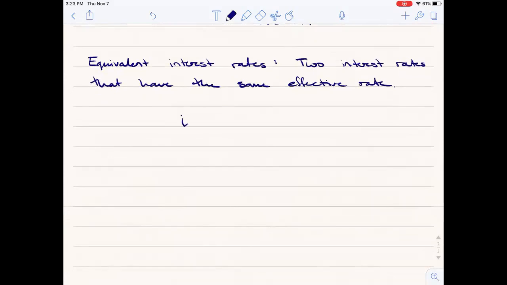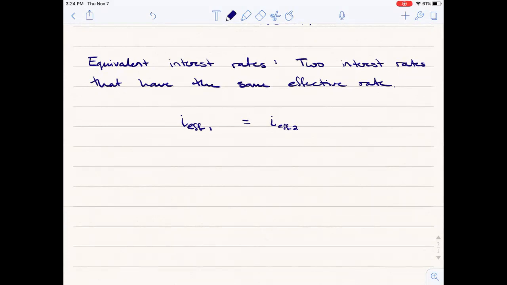And so if we've got an effective interest rate 1, and we're going to force it to be equal to the effective interest rate 2, right? Because we're forcing these equivalent interest rates to have the same effective rate.